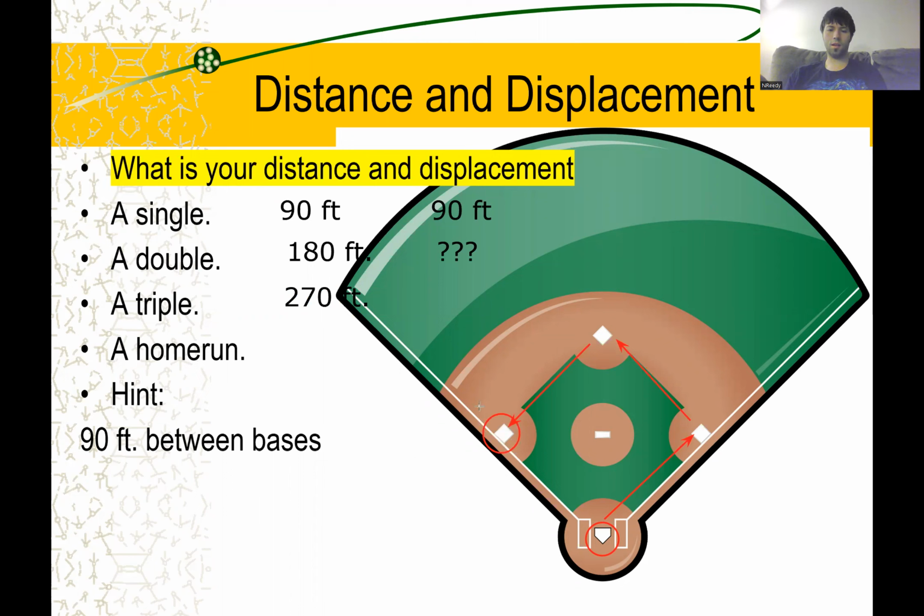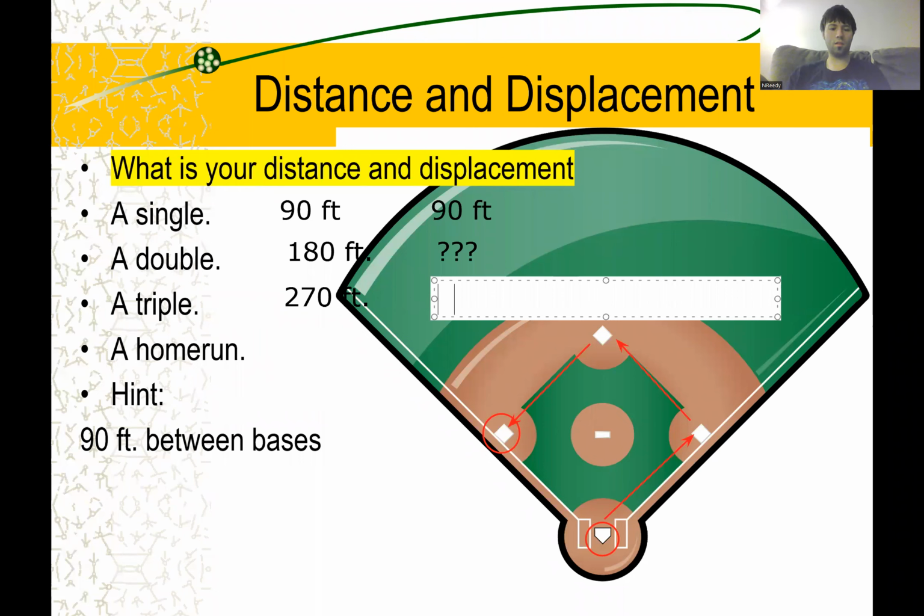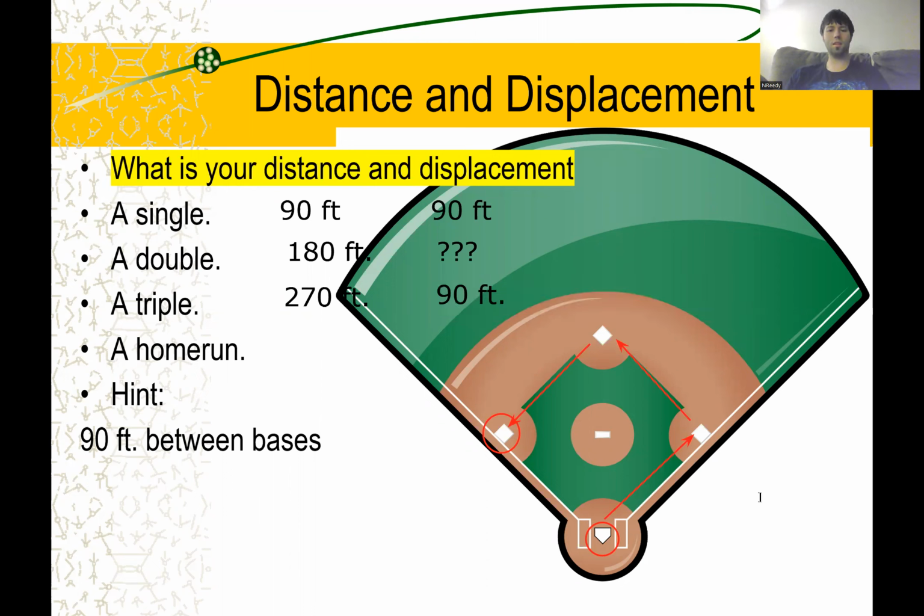So here's beginning, here's ending. Well, the distance between beginning and ending is just 90 feet. So even though I've traveled 270 feet, the displacement, or the distance from where I started, is 90 feet. Remember, displacement just means the distance between the starting and the ending point.